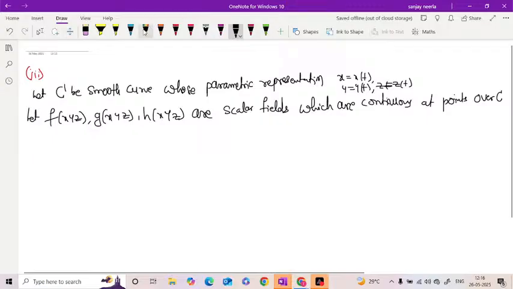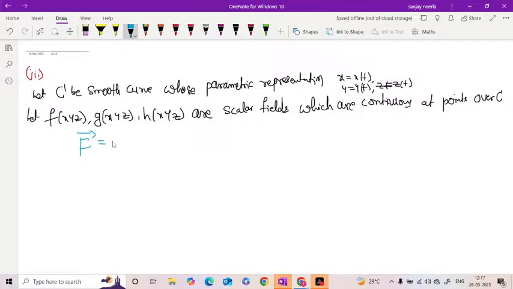So from this I will generate a vector field. Now here F is equal to, I am writing, fi plus gj plus hk, same as the previous one, same as the vector field. So this scalar field function I am converting into a vector field. Now integral F dot dr, same as the previous one.